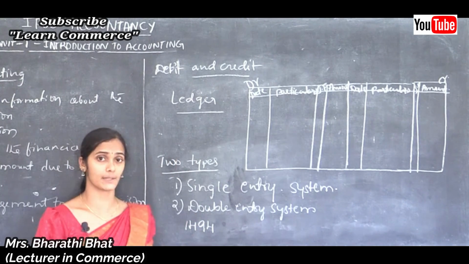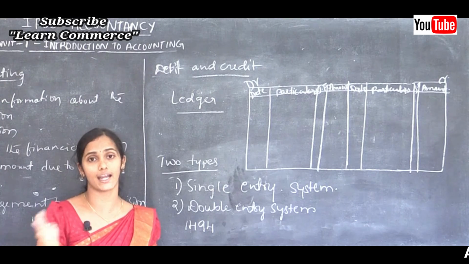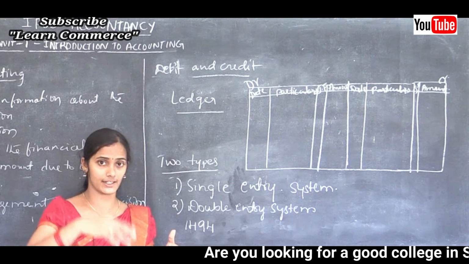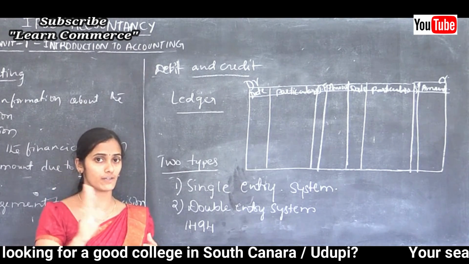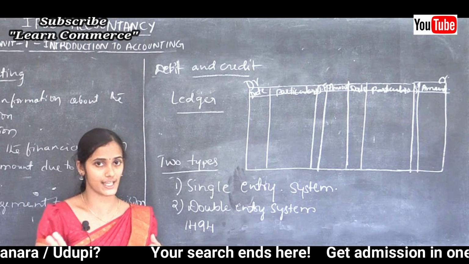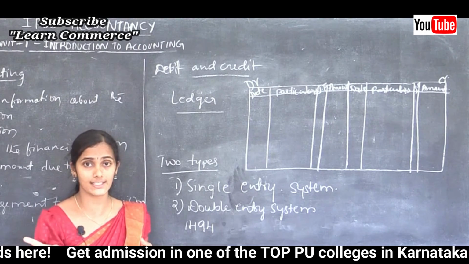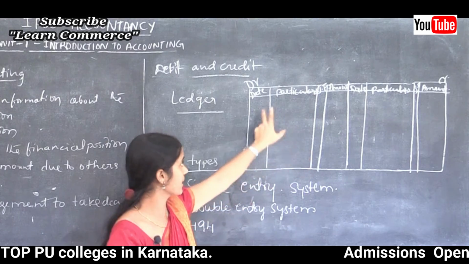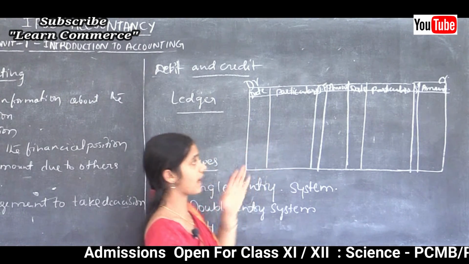According to this system, any transaction affects two different accounts. For example, cash sale affects cash as well as sale. Both effects are recorded in the books of accounts based on this system, in the ledger book.